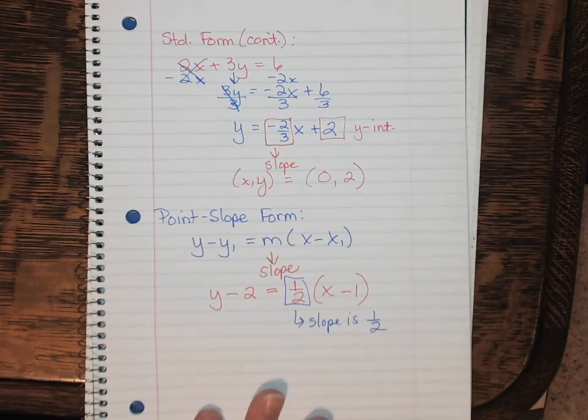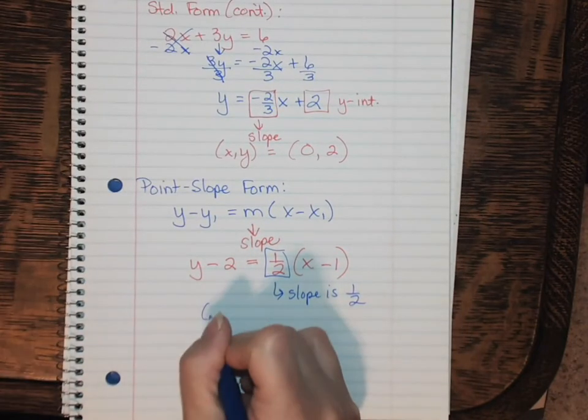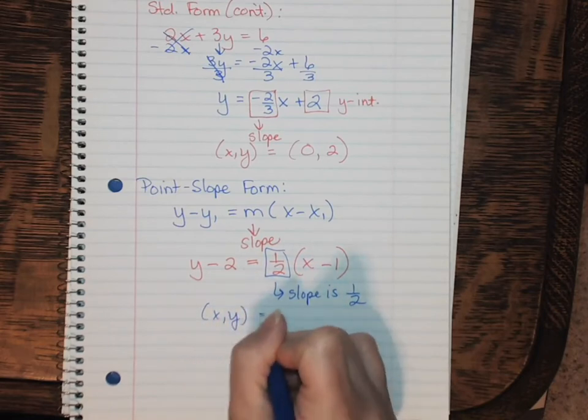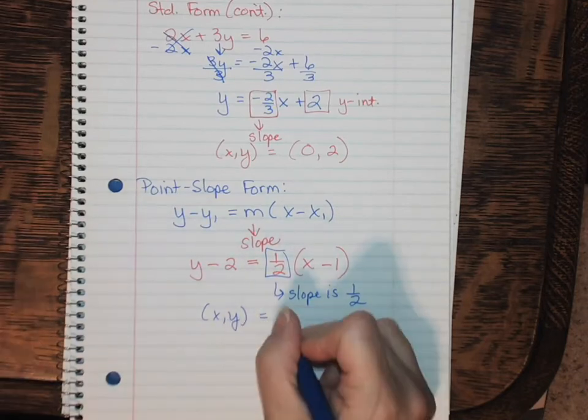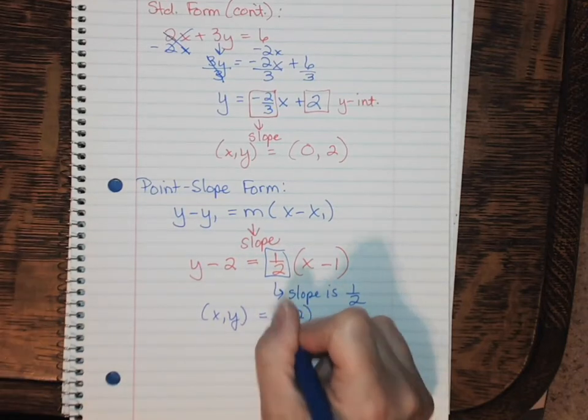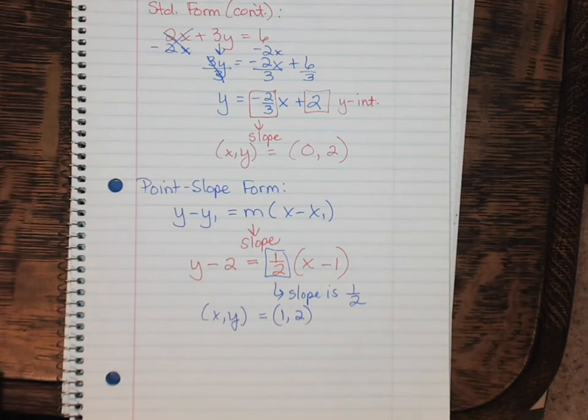And your points, your x and your y, are your 1 and 2. Your x1 and your y1 are 1 and 2, because you're given those in the problem. Okay, I think that's about it.